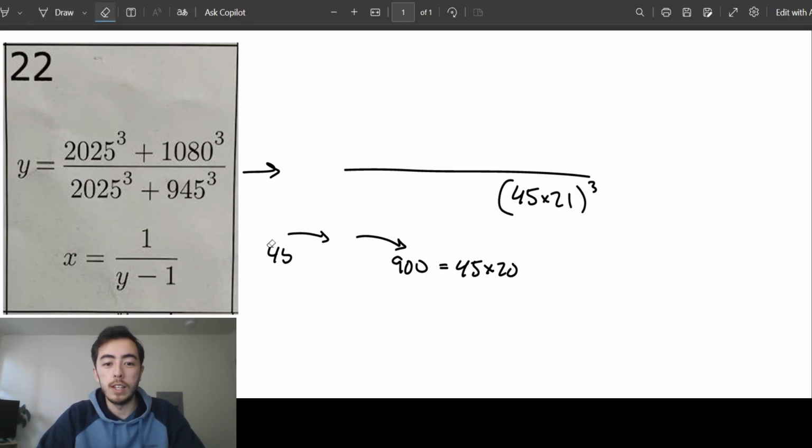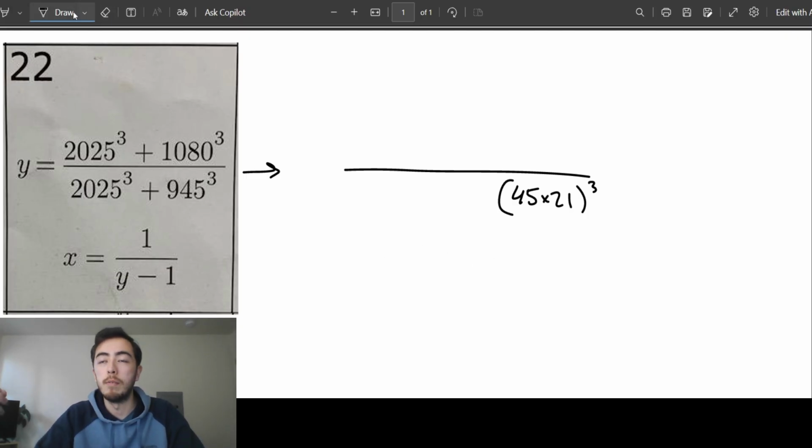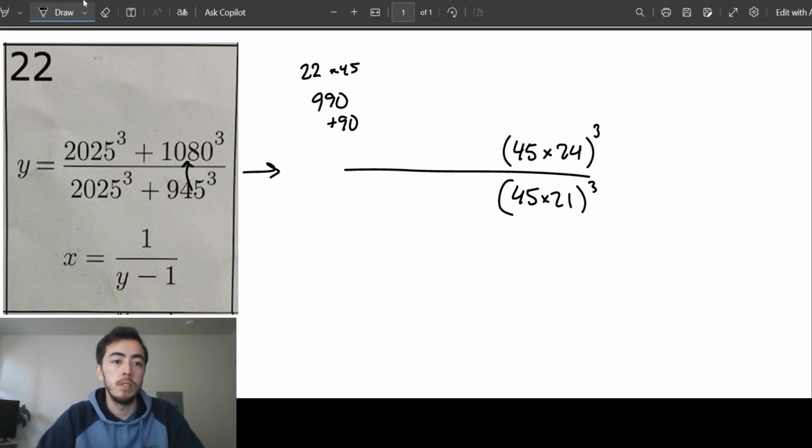But I do want to get this idea on the page that all of these are multiples of 45. So we can just count by our 45s to get to 1080, because another one, as in 22 times 45, would get us to 990, and then we just need another plus 90, or another two 45s to get to the number 1080. So overall, that's going to be 45 times 24 here. Still going to cube it.